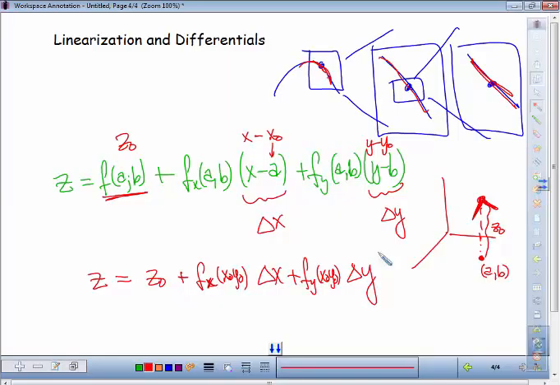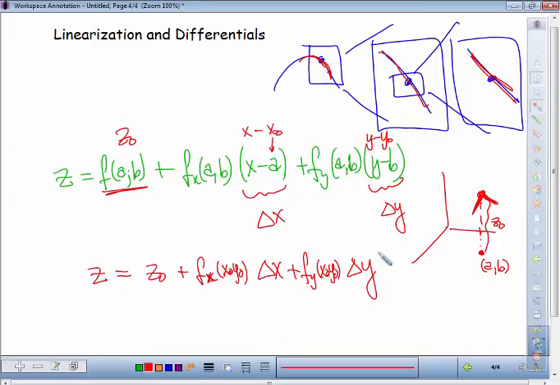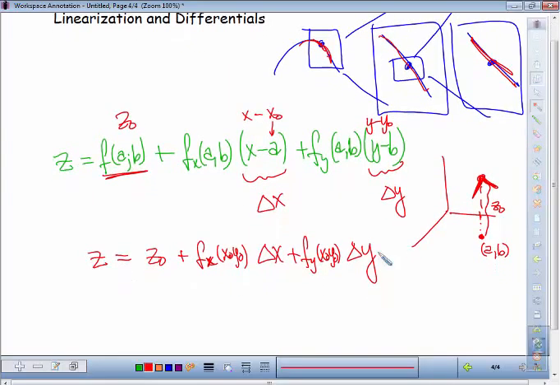So this is your linearization, and there's some further information here. The z naught brings you to that place where you need to be, and then the derivatives with a change in x and a change in y give you the plane that you're working with, right?